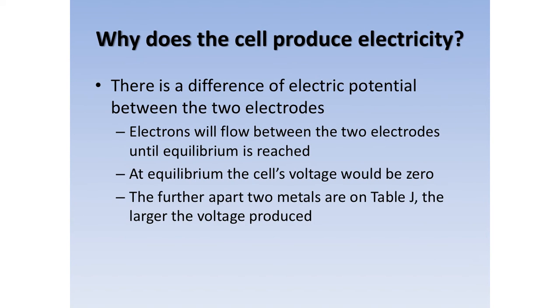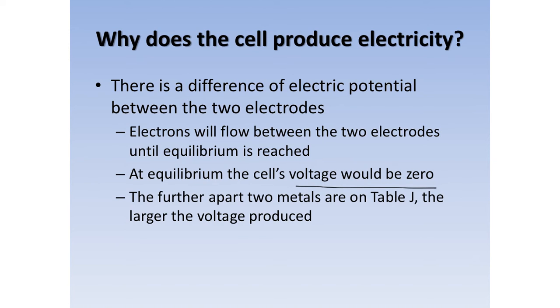Now, the reason why the cell produces electricity is because there is a difference in electric potential between the two metals, the two electrodes, and the system will try to reach equilibrium. So electrons will flow from the anode to the cathode until equilibrium is reached. Once it gets to equilibrium, then the cell's voltage would be 0.